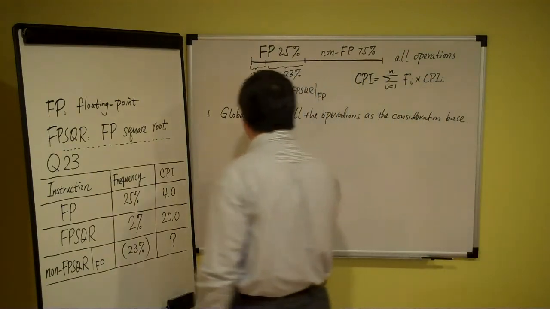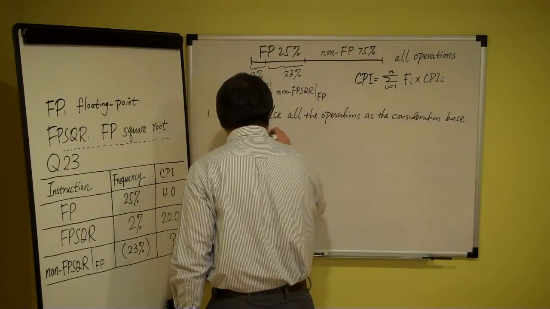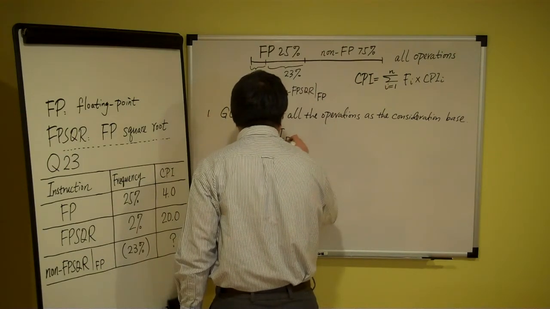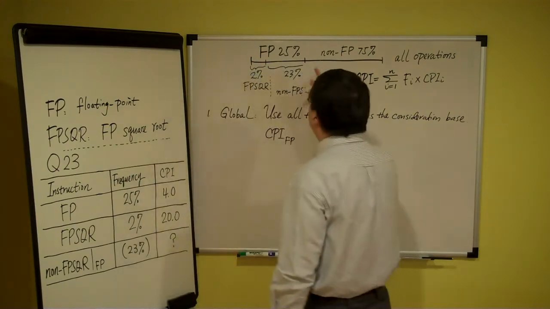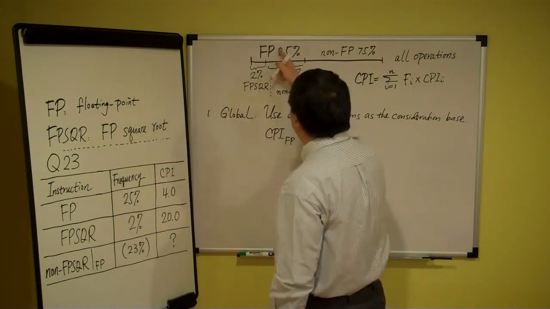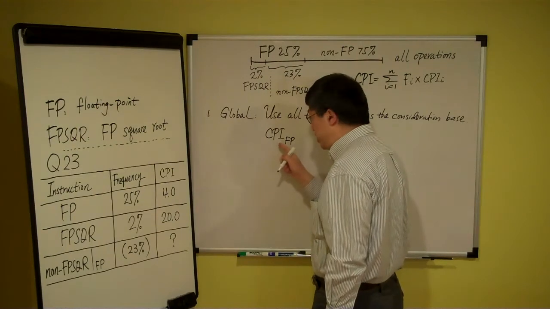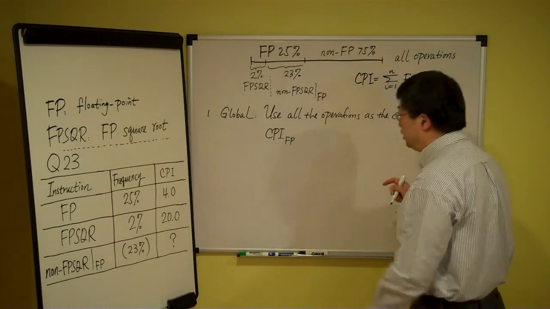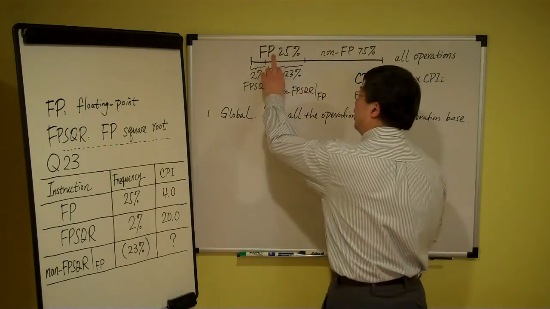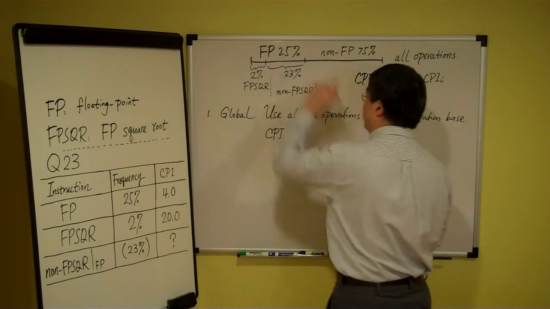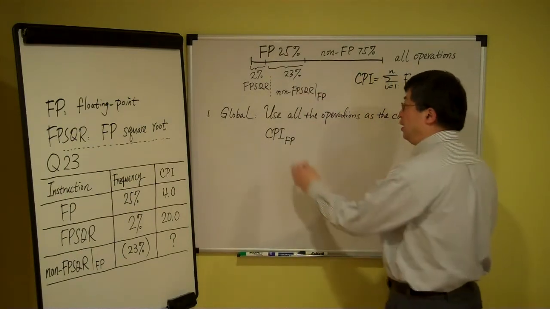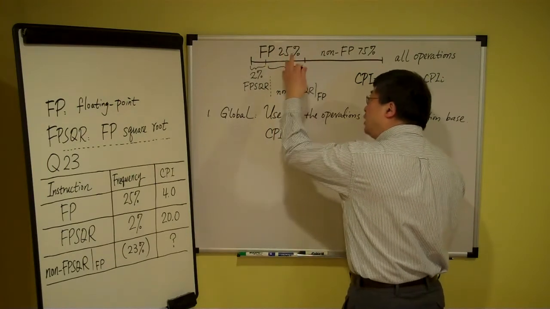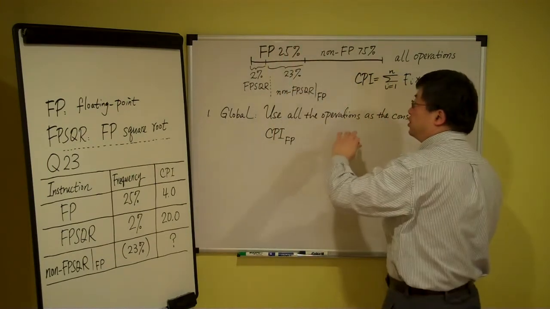So let's look here. CPI of FP, because we want to represent the CPI of FP. But since its frequency is 25%, it's not all the operations.